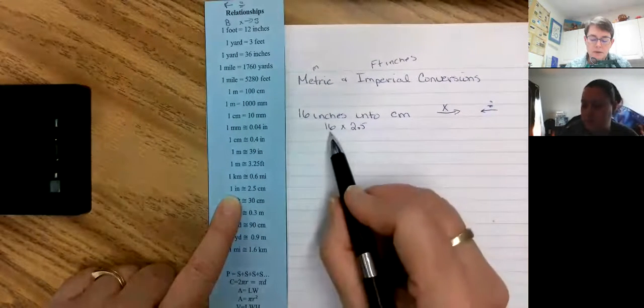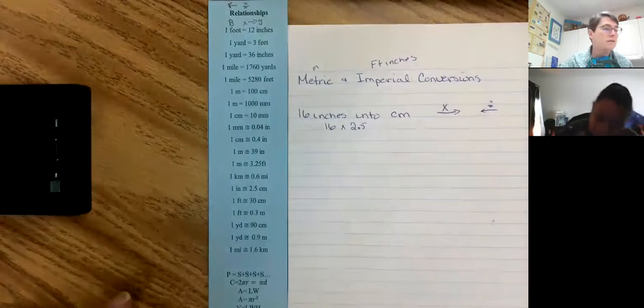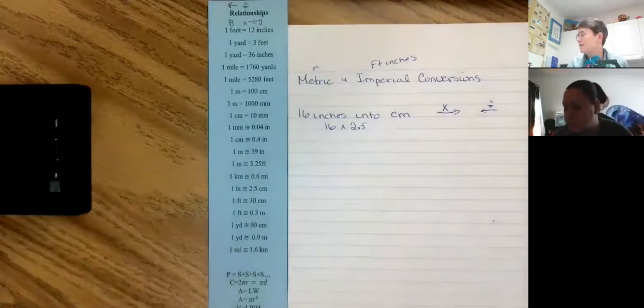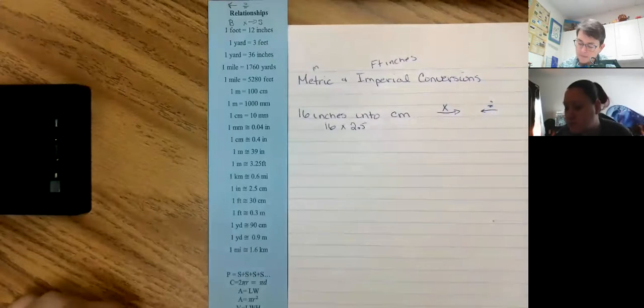So 16 times 2.5. I did go and get a calculator a while ago. 16 times 2.5.